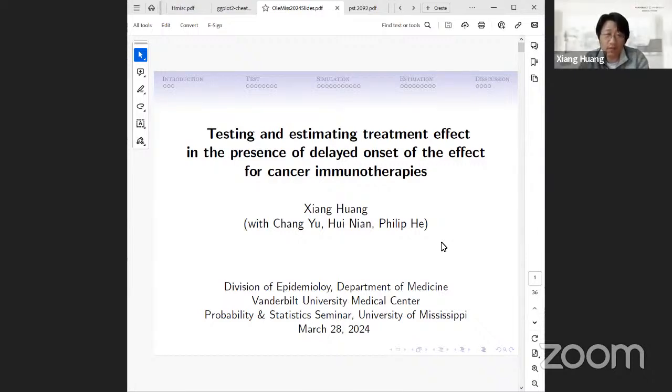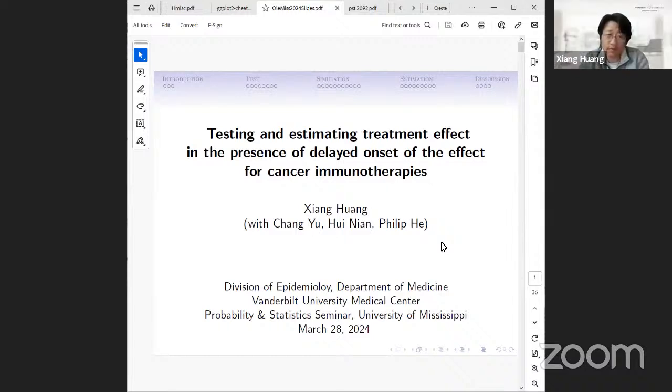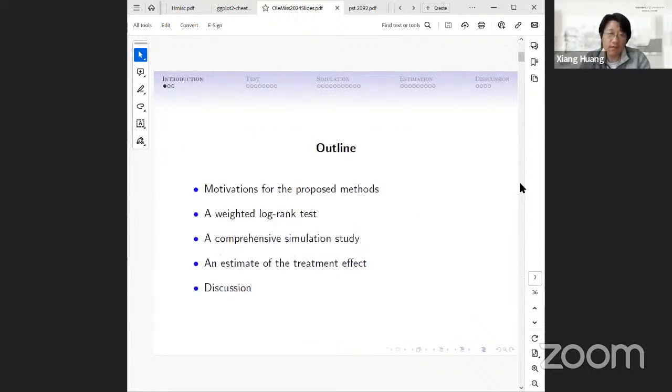Today I'm going to talk about testing and estimating treatment effect in the presence of a delayed onset of the effect of cancer immunotherapies. This is joint work with my colleagues Changyu, Hui Nian, and Philip He. The outline: first, the motivations of our proposed methods, and then we will present a weighted log rank test to accommodate the delayed treatment effect.